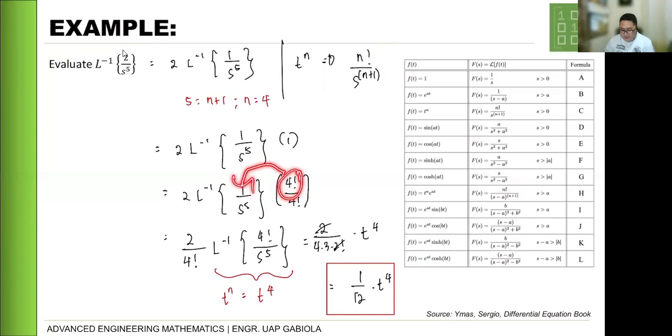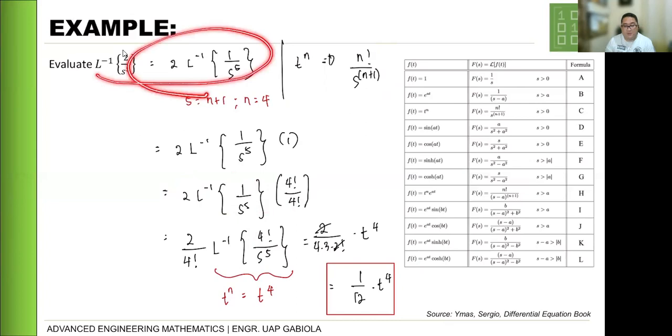Then, again, we just put the 4 factorial inside the transformation. So, ito na yun. And then, the remaining denominator was multiplied ito sa coefficient natin, which was originally factored out dito sa first solution natin.